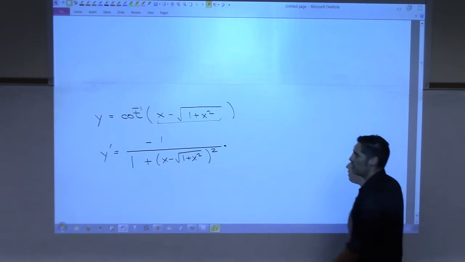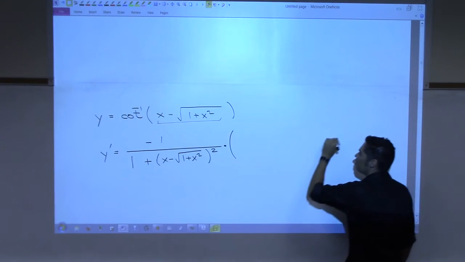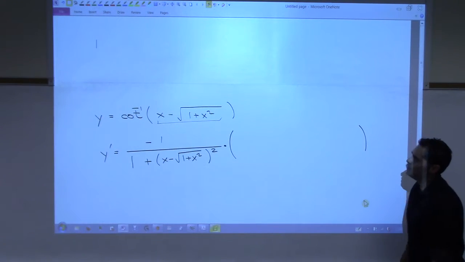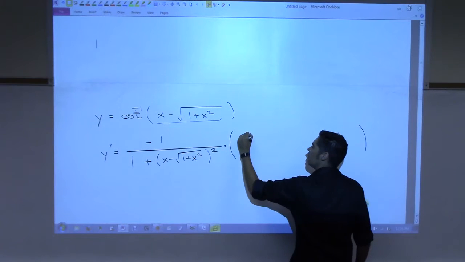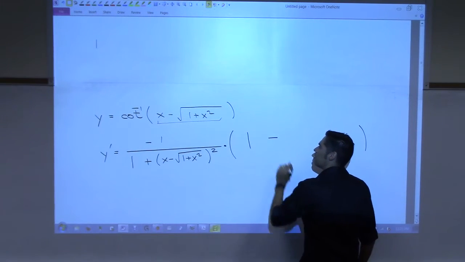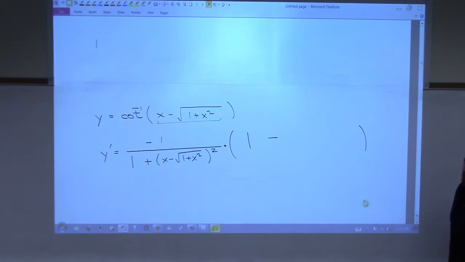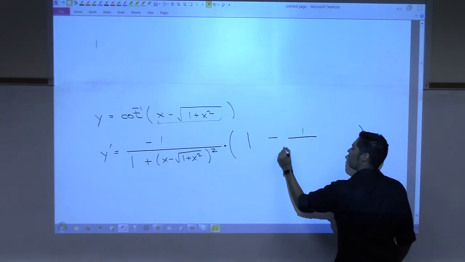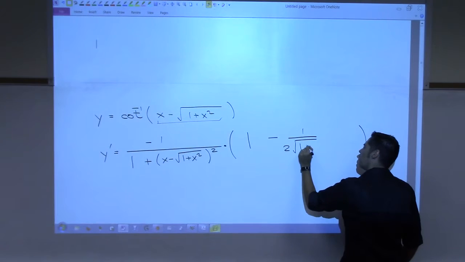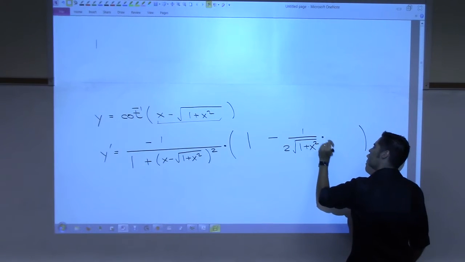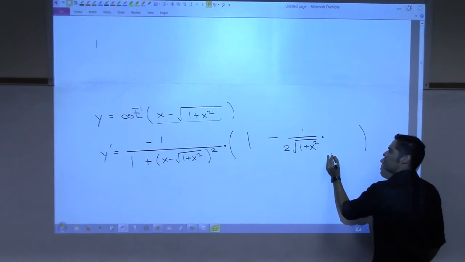So parentheses, very good, because it's going to be 2 terms. Derivative of x is 1, minus the derivative of the square root of all that junk. That's just another chain rule, right? 1 over 2 roots of 1 plus x squared times 2x.